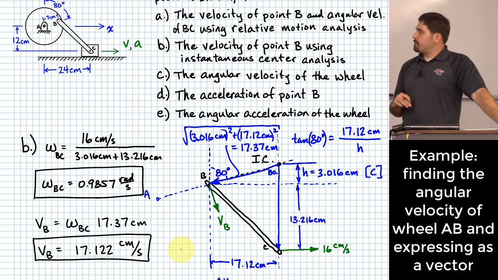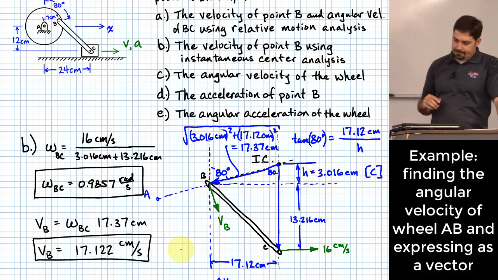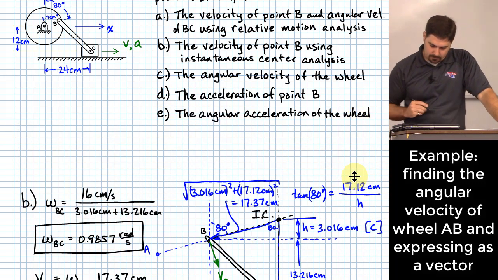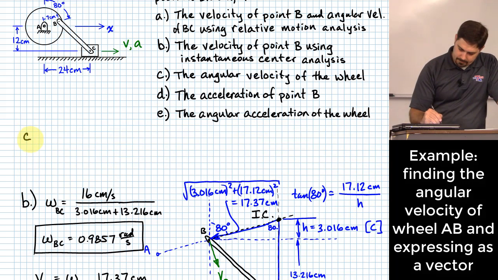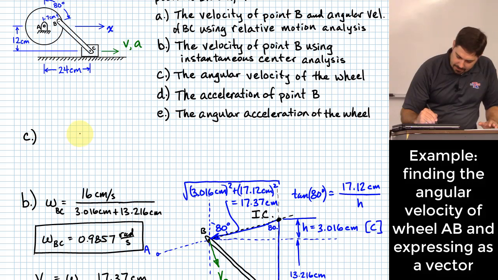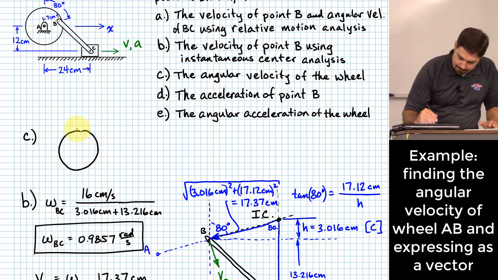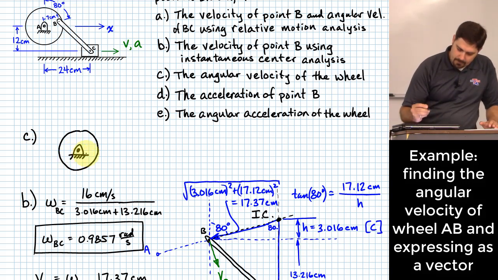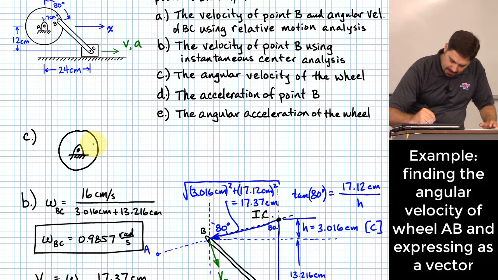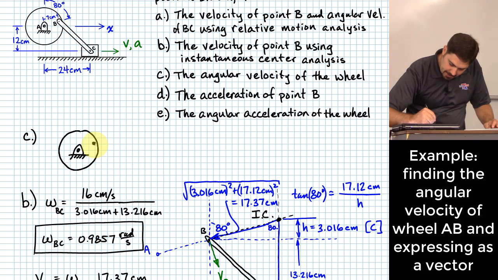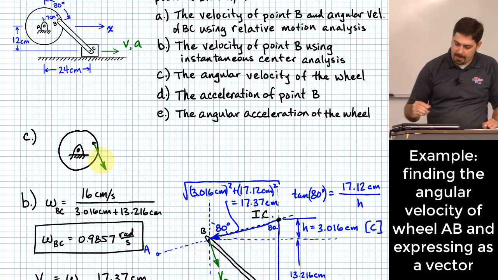How do we handle C? We're supposed to find the angular velocity of the wheel. Okay. Well, if we actually look at the wheel and kind of draw a little diagram of it, what we can say there is that we have this point out here, point B, and now we know the linear velocity of point B instantaneously right now.